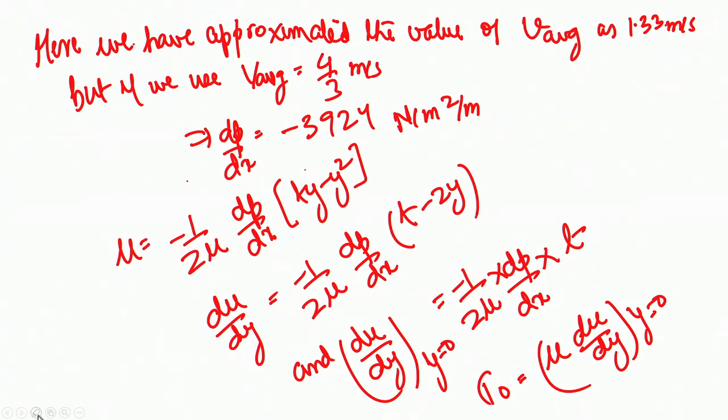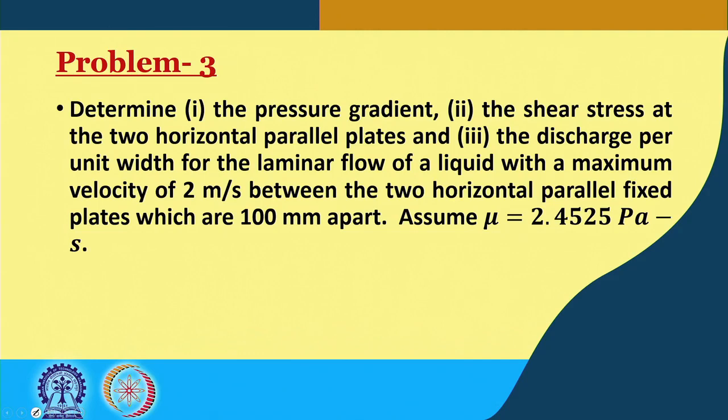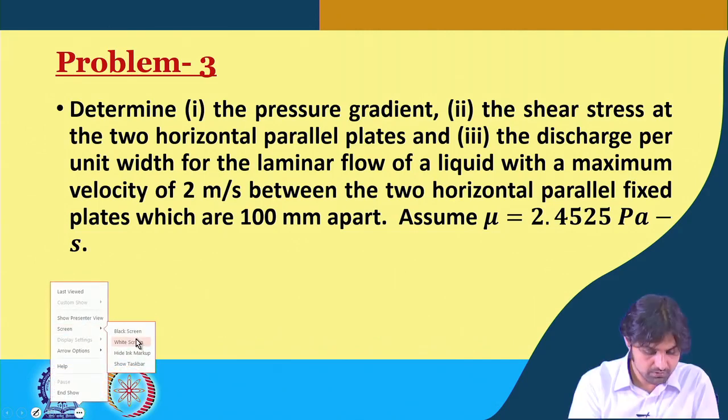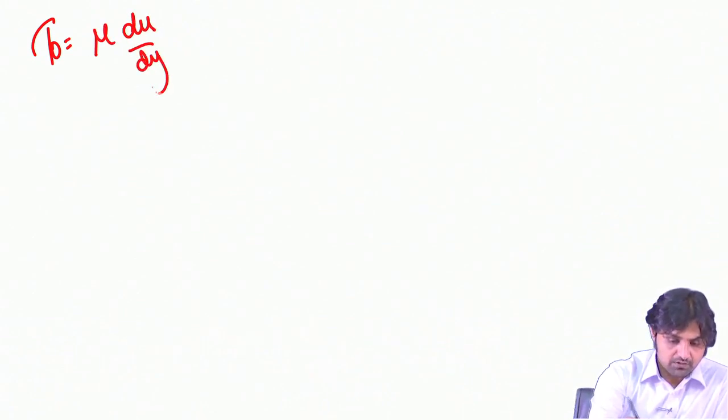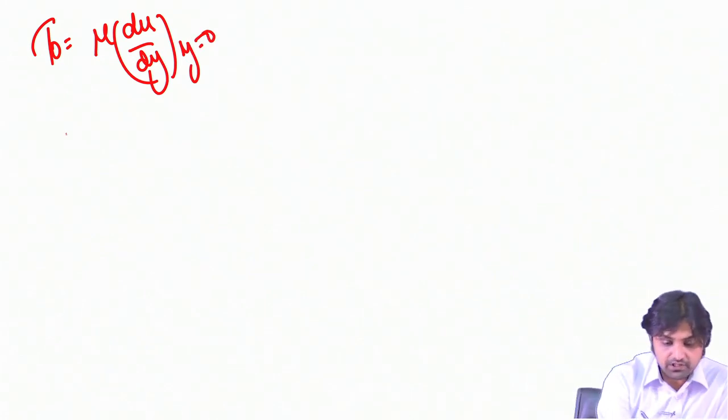I am choosing another white screen now. So, tau naught is going to be, writing that equation again, mu du by dy at y is equal to 0, which we have already calculated.